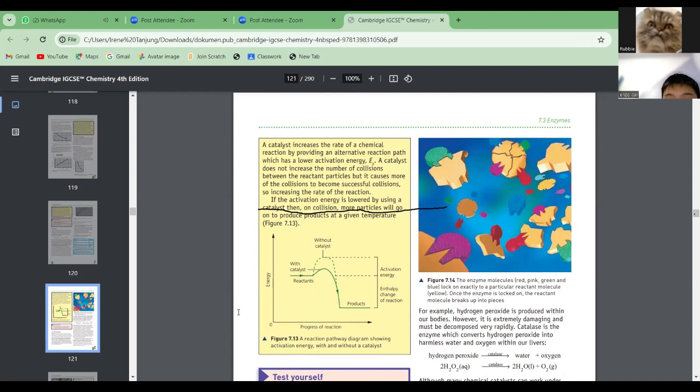You can see that with a catalyst, it's faster to make the products than without the catalyst. Wait, let me annotate it. The one written without catalyst is the original one where you don't use a catalyst. So it's more up here because it will take longer.